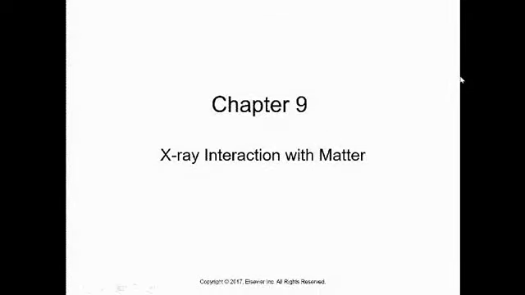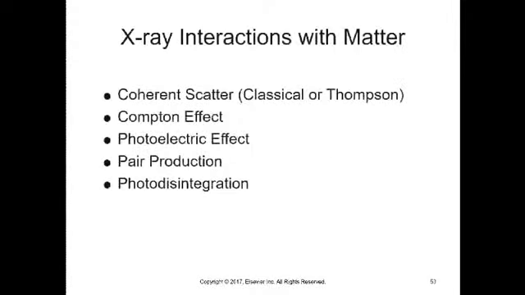Chapter 9, interactions with matter. We're almost there, guys. My voice can't take much more anyway, but your basic interactions with matter: your coherent, which can also be called classical or Thomson, and that we don't really care about. It's just scatter. It occurs at energies of 10 keV. Your Compton, which is also scatter. Your photoelectric effect, which is an all or nothing.